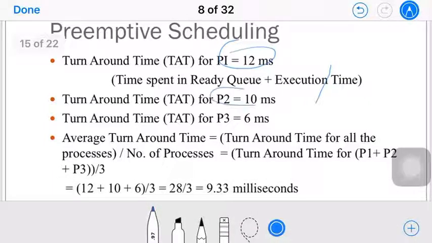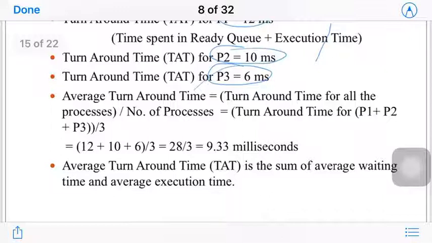For P2, waiting time is 6 and execution time is 4, so 10 milliseconds. For P3, waiting time is 4 milliseconds, execution time is 2 milliseconds, so 6 milliseconds. Again the average turnaround time we can calculate as turnaround time upon the number of processes. So we got 9.33 milliseconds.